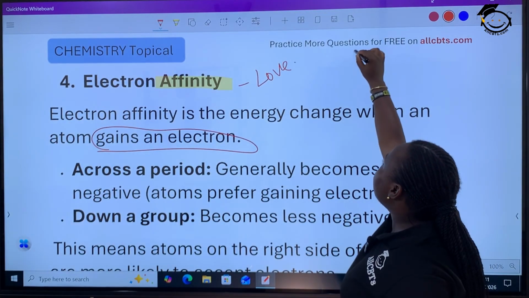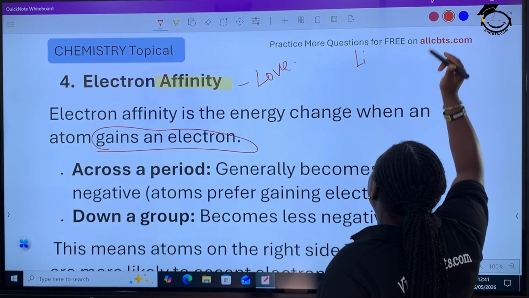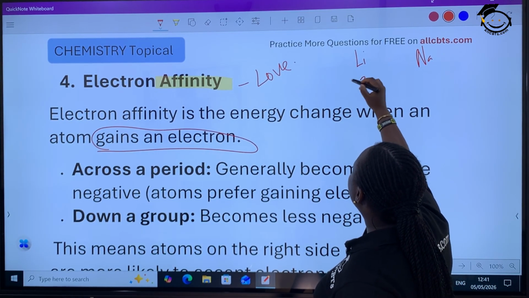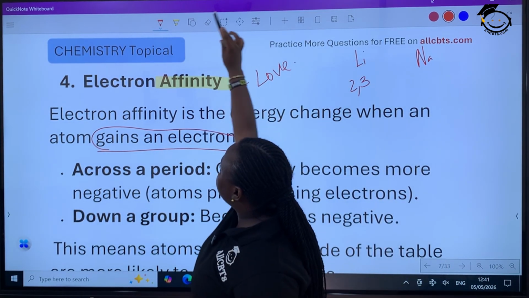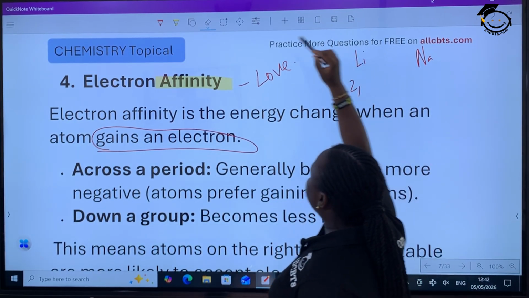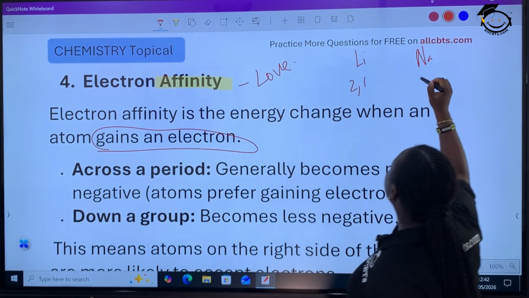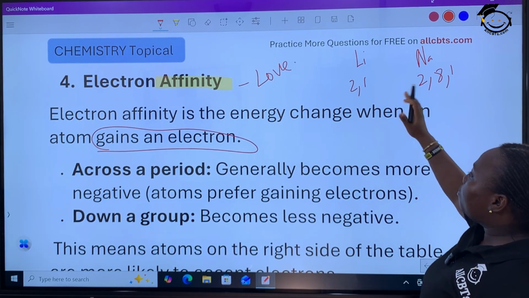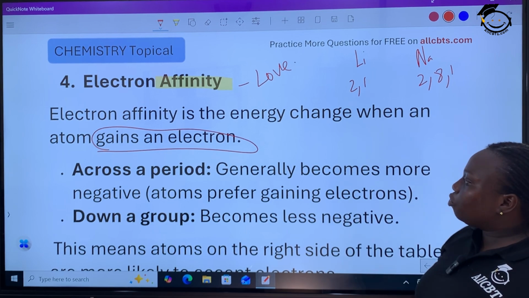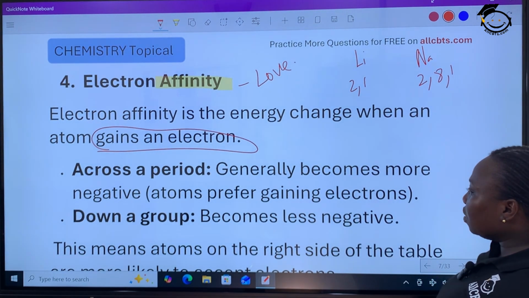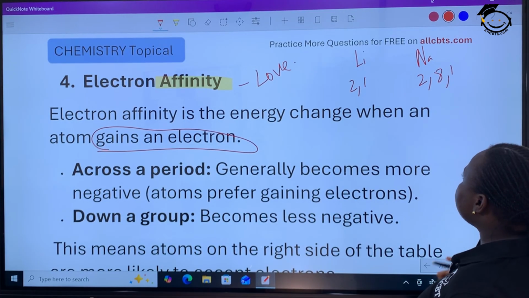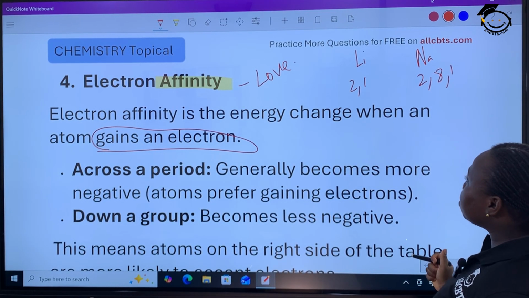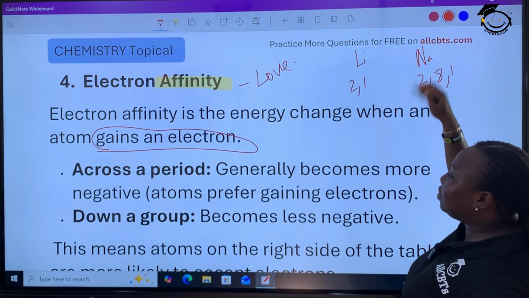If you look at lithium and sodium, we know that there are 2, 1 and 2, 8, 1. When you are going down the group, electron affinity will decrease.